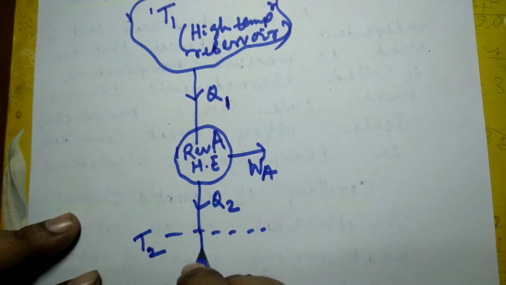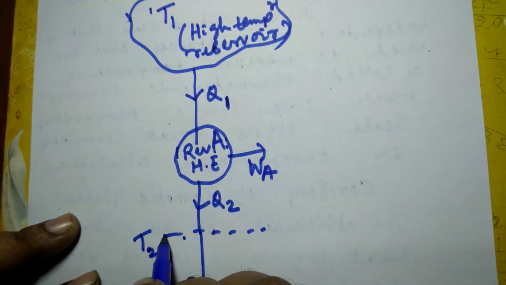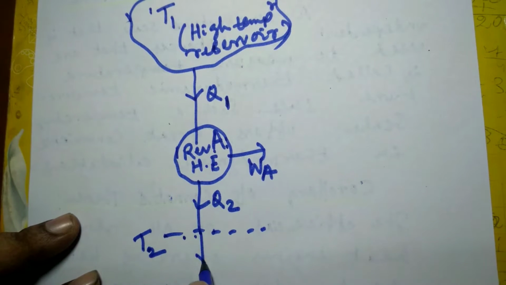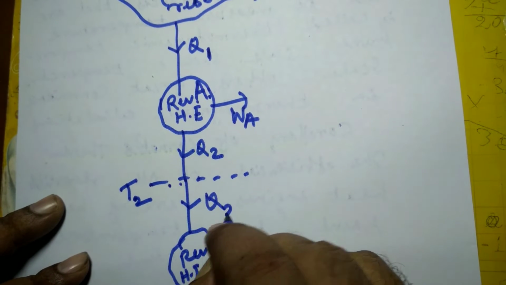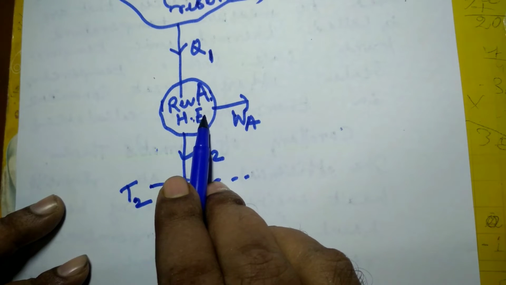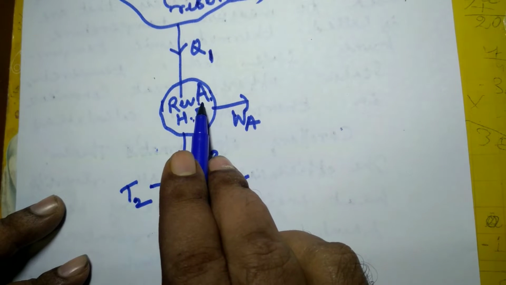This T2 is a sink for this engine A, and a source for another engine, suppose reversible heat engine B. Whatever heat is rejected to T2 by reversible heat engine A is again supplied to reversible heat engine B. This Q2 is the heat added to heat engine B, so T2 becomes the source for the second heat engine, B, and it is already a sink for heat engine A.